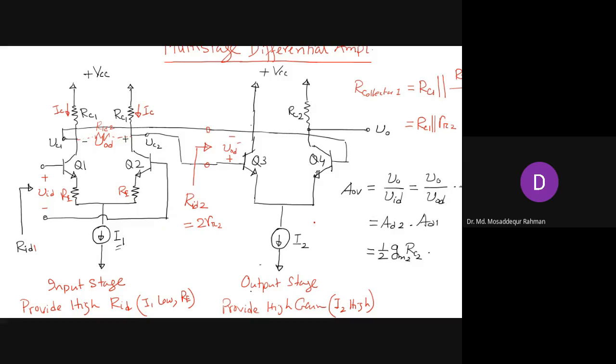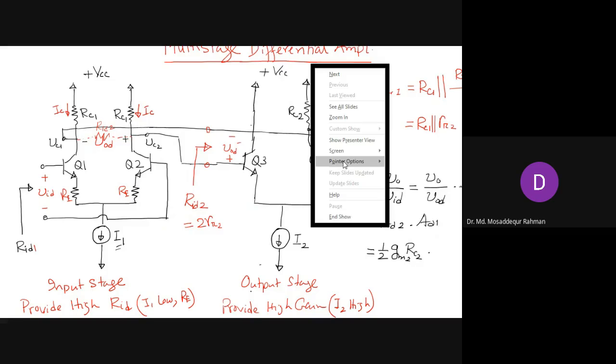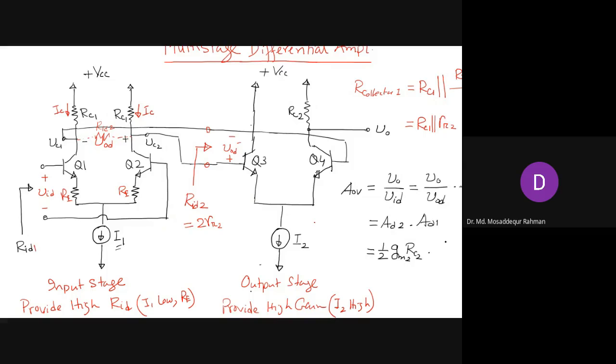So the overall gain will take this form: collector resistance RC1 in parallel with R pi, divided by small re1 plus capital R. That will be the overall gain for the multi-stage differential amplifier, and we have already shown what RID1 is.